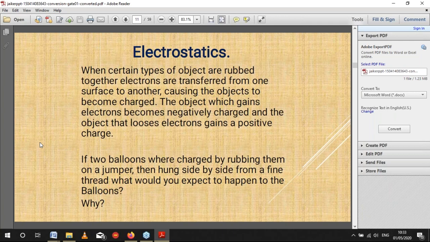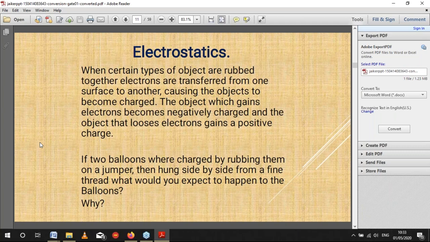Take two metals or two objects and rub them together. Electrons are transferred from one surface to the other, causing the objects to become charged. So it gives out electrons, and the one that loses electrons is positively charged.